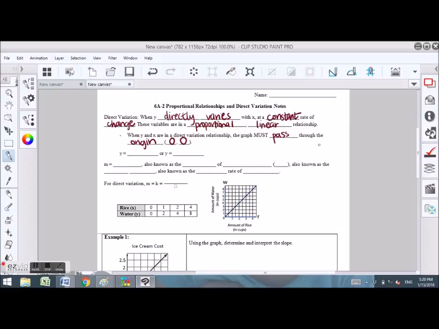So when we are writing direct variation in an equation, we have y equals mx or y equals kx. So if you remember from our last video, we defined m as slope, which is also known in direct variation as the constant of variation.